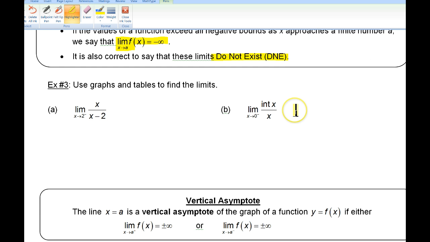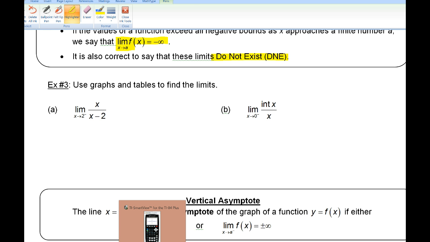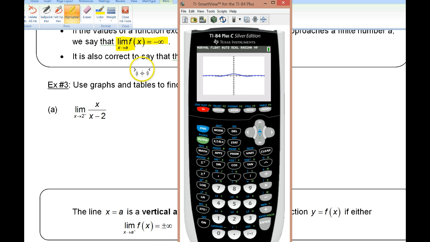Let's use graphs and tables. Let's look at these two limits here, x over x minus 2. So go ahead and put that on your calculator. Make sure, like I said, you always put parentheses around.